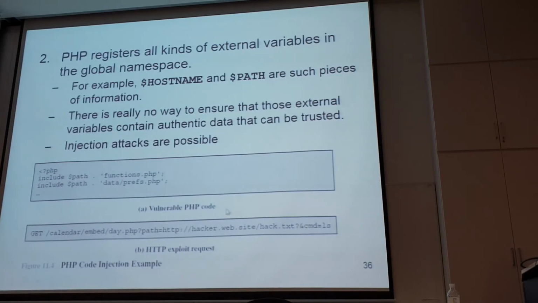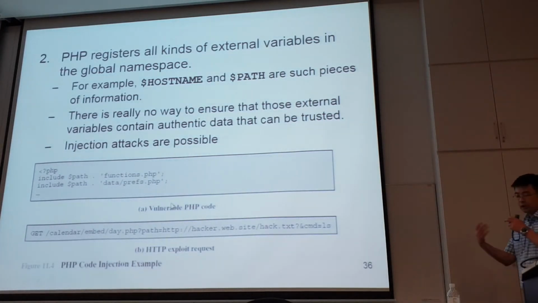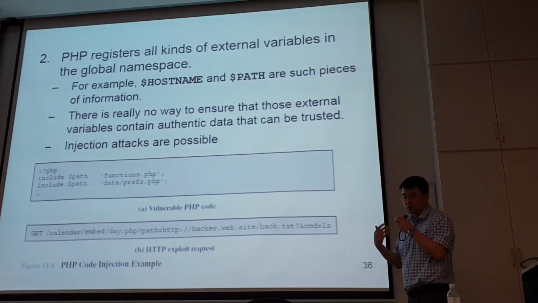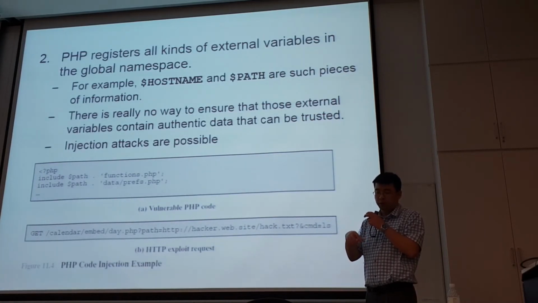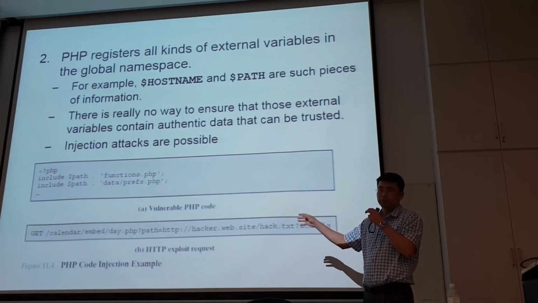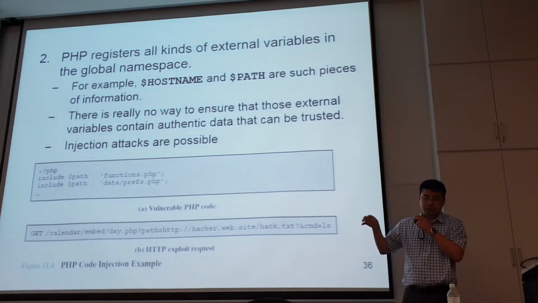This is another example. For example, the server may change the path to another website, because PHP can include other scripts, for example a script in a different website. When you run the PHP, you can include other code from a different place, as long as you can specify the path.